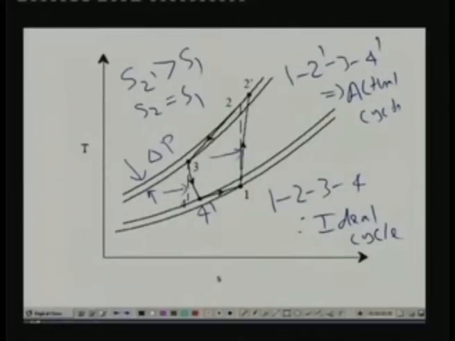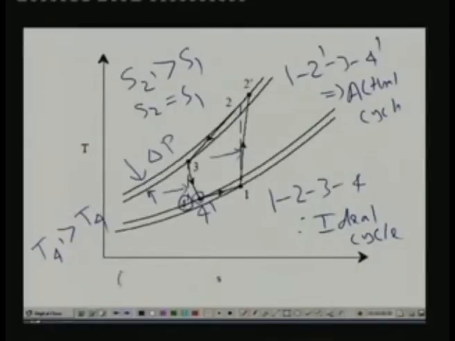What is the consequence of this? You can very easily show that the consequence is a reduction in the COP. The COP reduces because of two reasons. The first reason is that your cooling effect is reduced, because in an isentropic expansion process the temperature should have been T4, but because of the irreversibility now the temperature is T4 dash. So T4 dash is greater than T4.